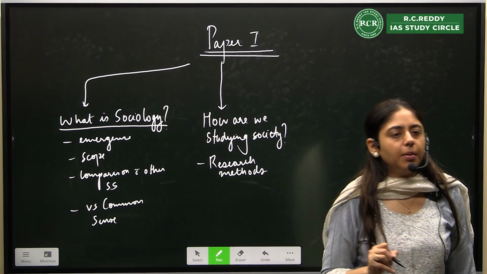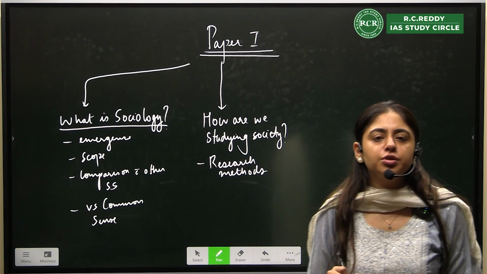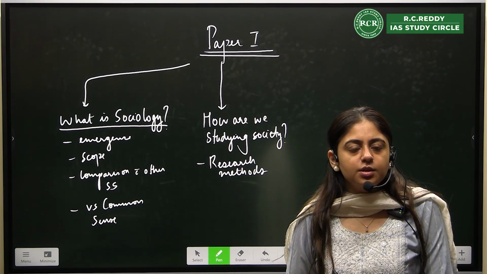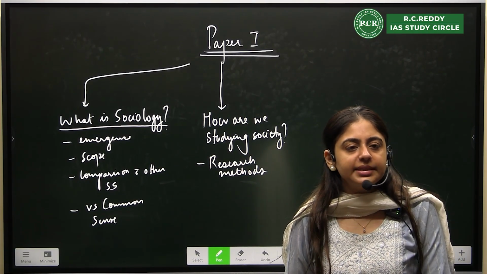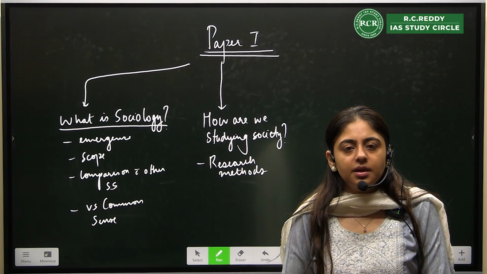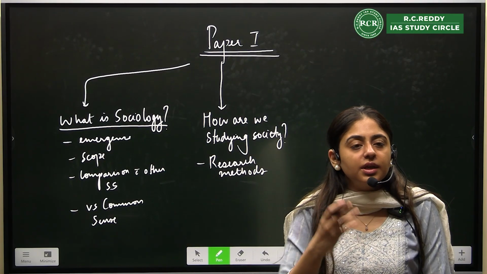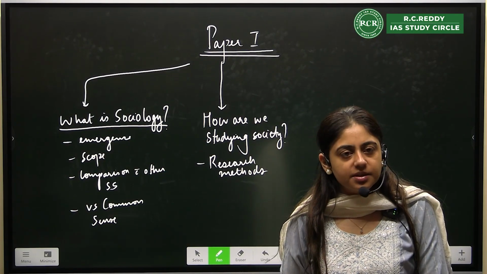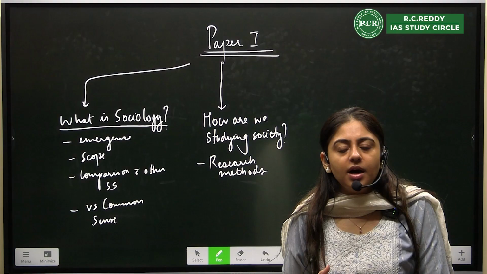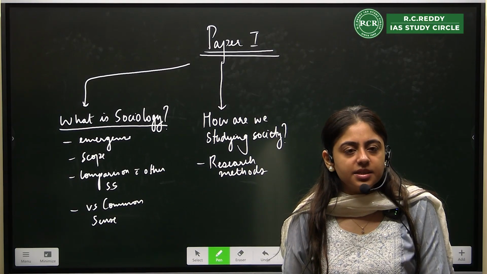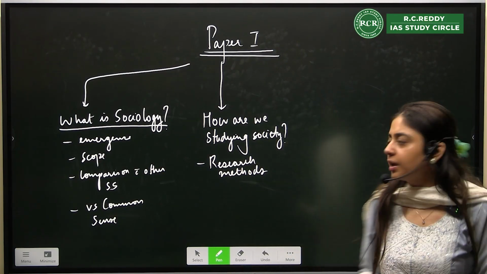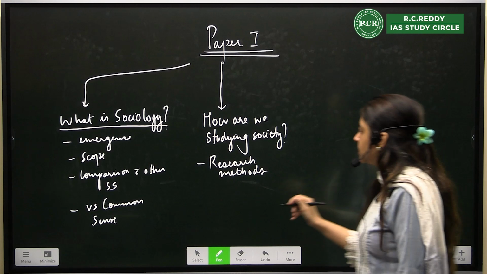Say I want to know whether the institution of marriage is losing its significance or it is still important. How will I do it? I will have some research methods. I'll do a case study. I'll collect facts. So there are a lot of research methods which will provide evidence about things. Those will be research methods.